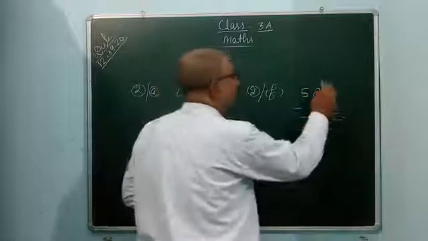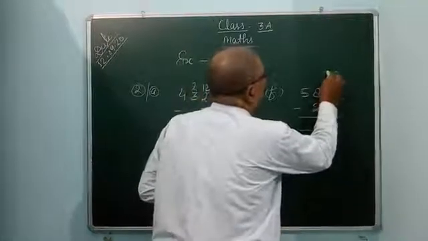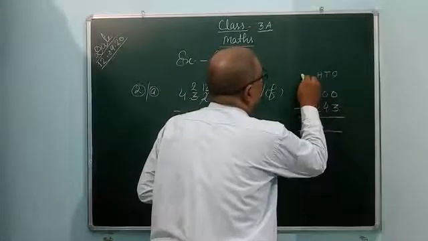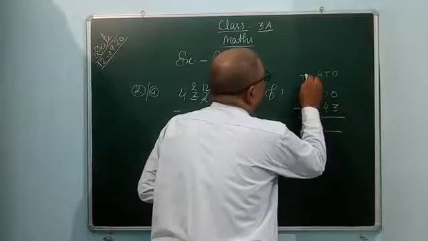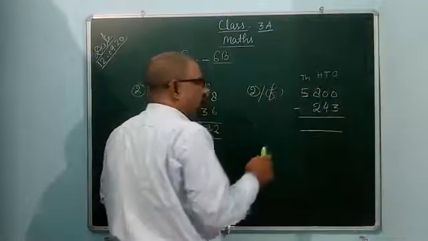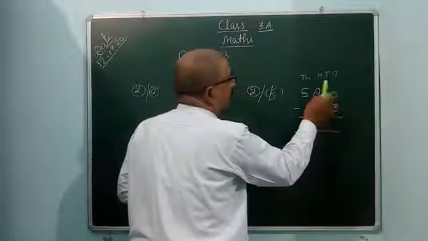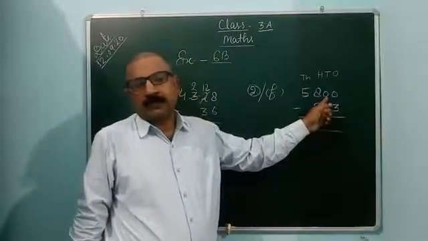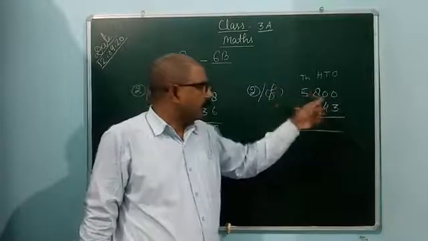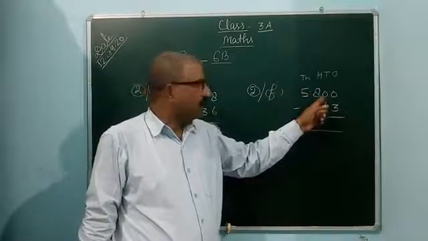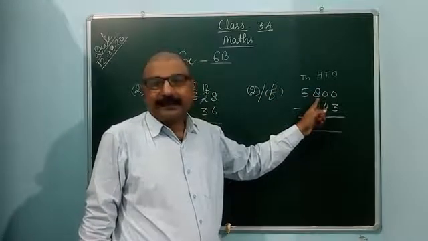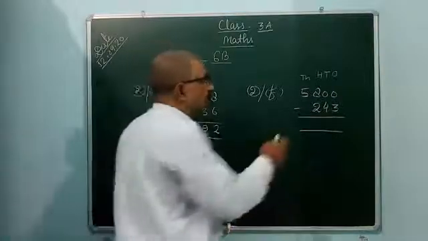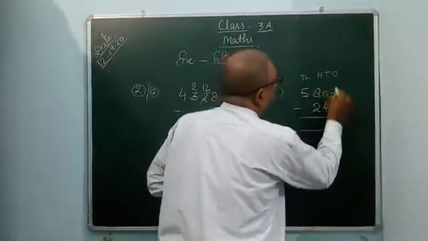It is ones place, tens place, hundreds place, and thousands place. So ones place 0 will take from this tens place 0, but tens place 0 also has nothing. This tens place 0 will take borrow 1 from hundreds place 8. So here it will be 10.